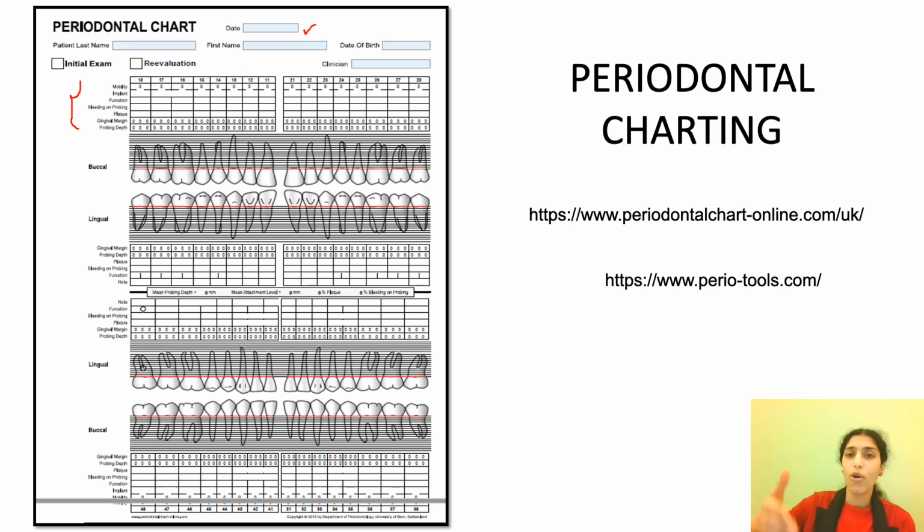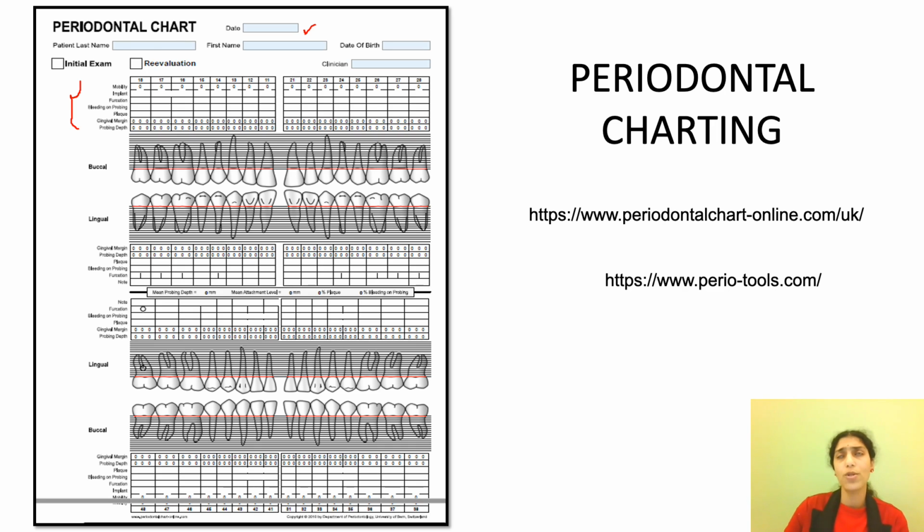To see the follow-up of the patients, whether the pockets have improved or not, whether the attachment level has improved or not, we need to look back into the periodontal charting form. That is the reason, whenever you are recording the periodontal charting, always put the date so that you know on which date it was recorded.